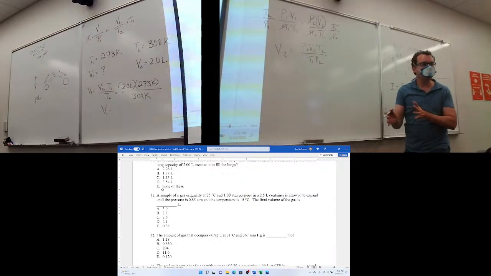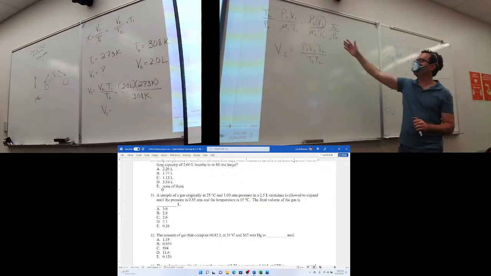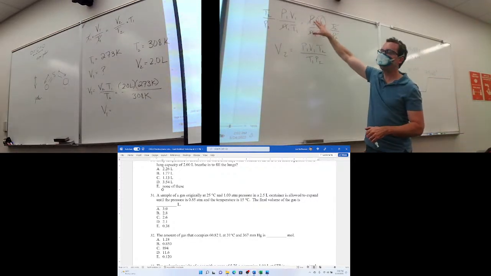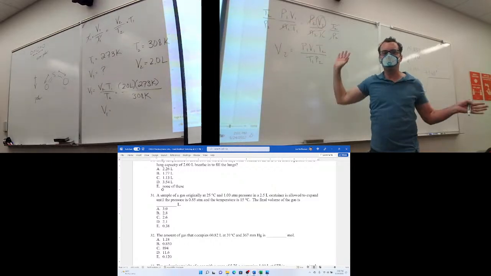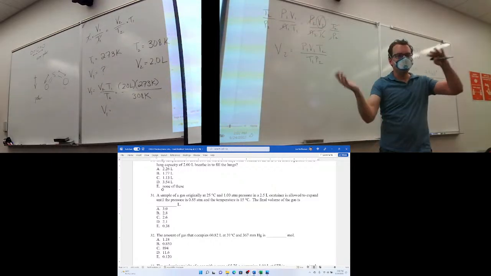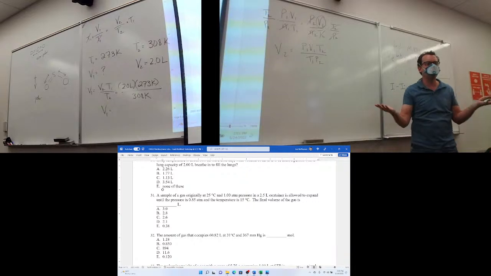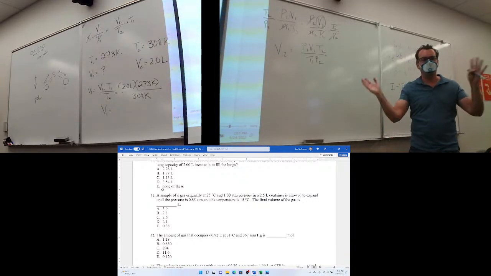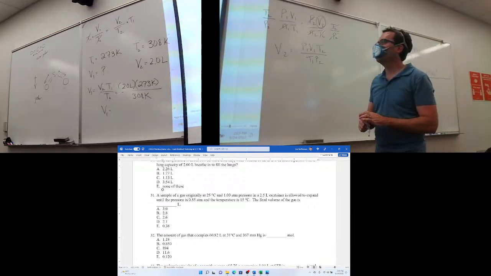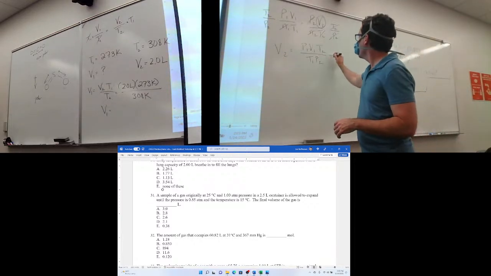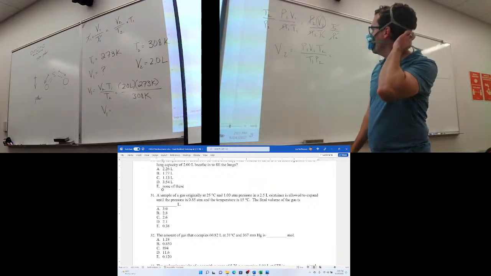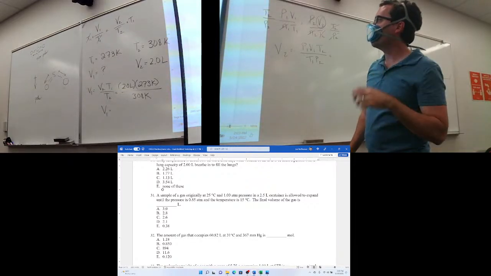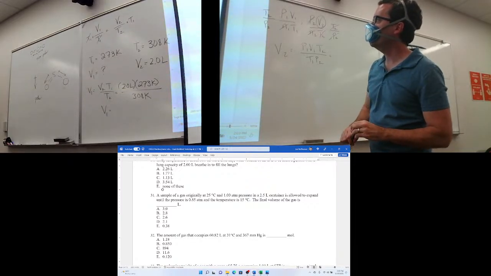And if you hate the algebra like that, feel free to plug the numbers directly into this equation, multiply everything out, and then do your transformation. Sometimes that's easier for people. They don't like moving 5 different variables around. It's okay. So there it is. Now we just need to make sure we plug in the right numbers. So pressure 1 is 1 atmosphere.